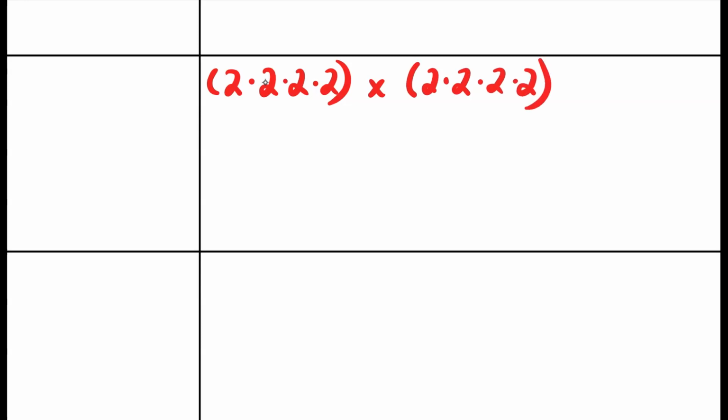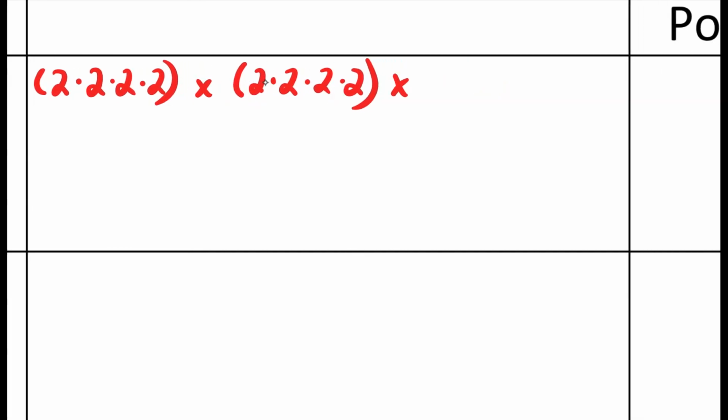So we have 2 times 2 times 2 times 2 for our 2 to the power of 4 multiplied by 2 times 2 times 2 times 2 for our second 2 to the power of 4 multiplied by 2 times 2 times 2 times 2 for a third 2 to the power of 4.